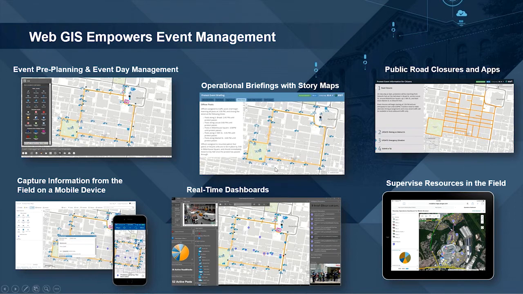And to brief officers in advance of a particular event with story maps to do operational briefings, or to inform the public of closures or other significant issues associated with an event with a public-facing version of a story map.